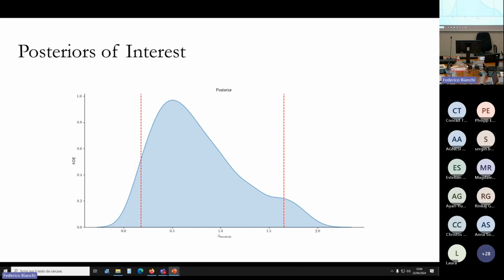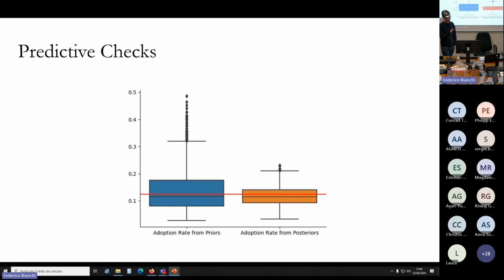Yes, that's true. That's why complexifying the model at this stage I think won't help, because we don't have such fine-grained data. But with respect to the adoption rate, this is a very coarse-grained measure. This is the first step. We're pretty well reproducing the empirical one.